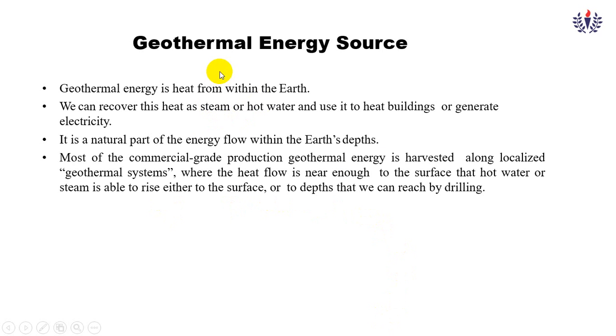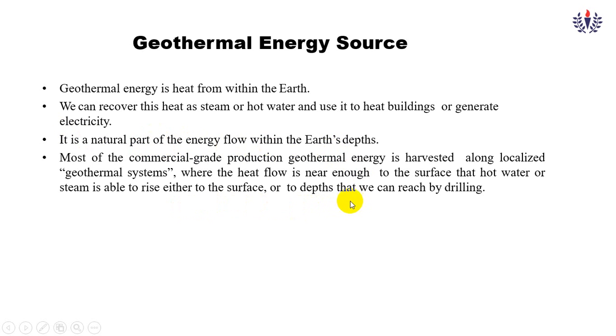Next one is a very important form, that is the geothermal energy resource. Geo, as in geographic, and thermal, heat. So geothermal energy is heat from the earth. This heat is recovered as steam or hot water, and used to heat buildings or to generate electricity. It is a natural energy flow within the earth's depths.